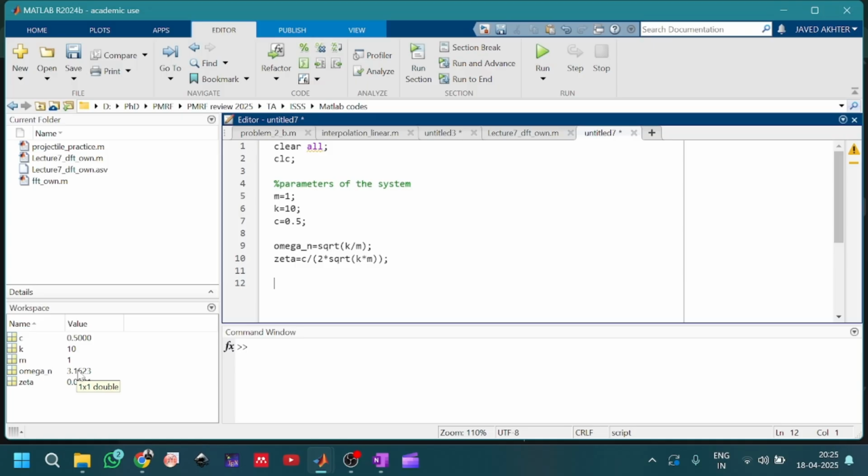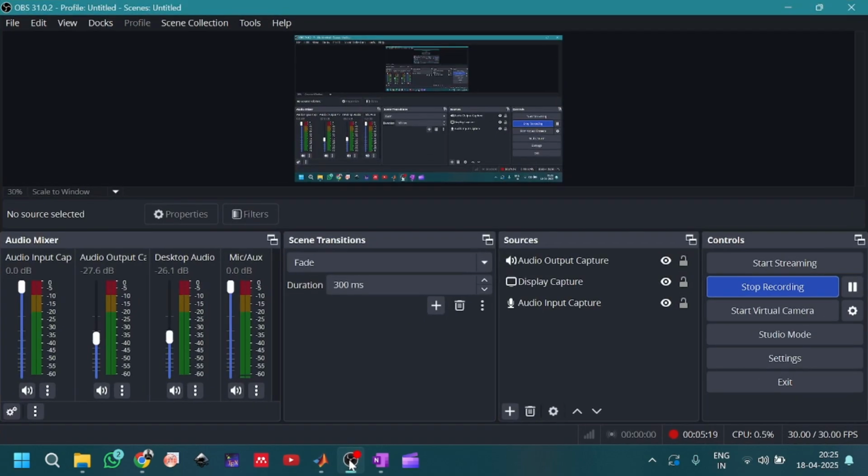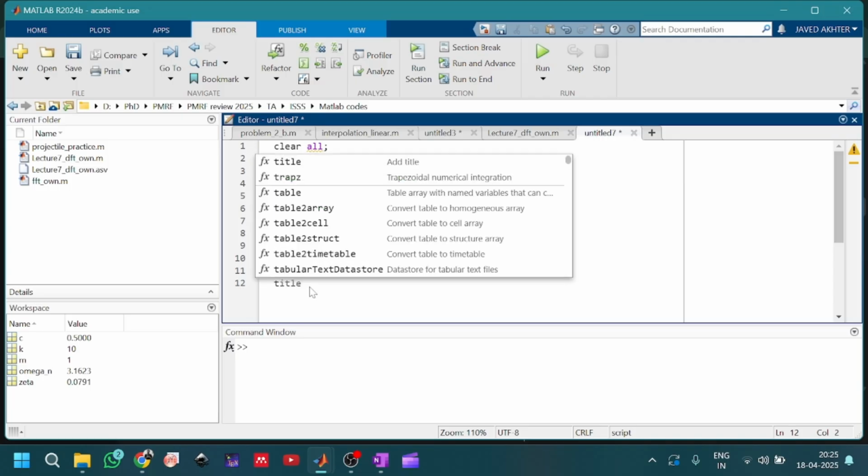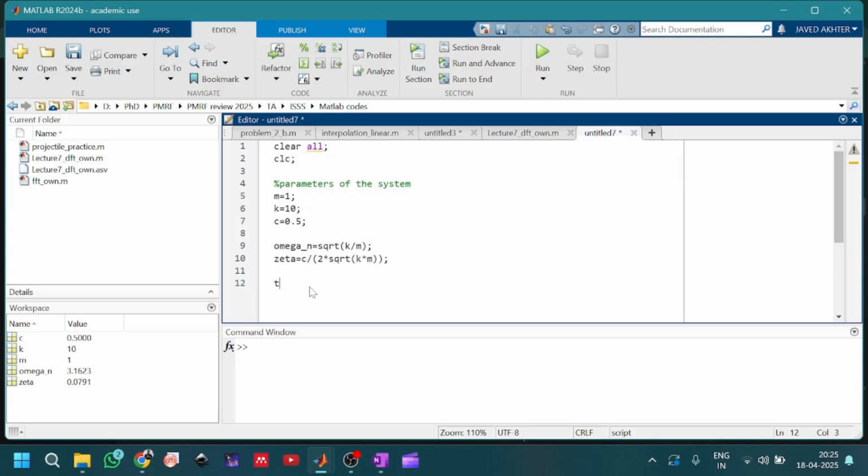The frequency in cycles will be, if I divide it by 2 pi, around 0.5. So in about 2 seconds it will complete one cycle. Let me take the time to be maybe up to 20 seconds, so that the transients may die down, and after that the system will be in the steady state.